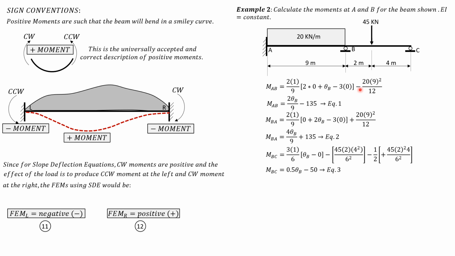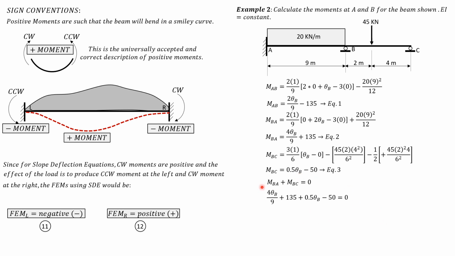Since B must be in equilibrium, the moment BA plus the moment BC is 0. So MBA plus MBC equals 0. MBA is 4 over 9 theta B plus 135, plus MBC, 0.5 theta B minus 50, equals 0.